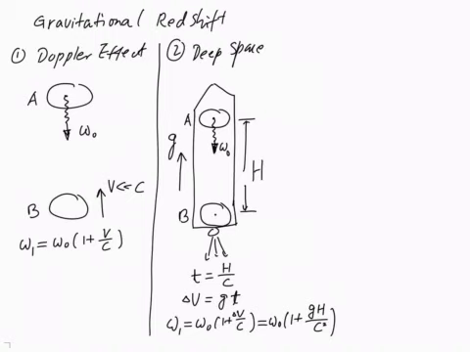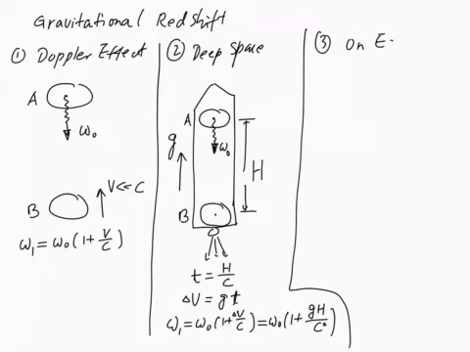Okay, now let's look at the third case. Let's look at the rocket on Earth, or in fact, it could be just a high building on Earth. It doesn't matter in this case. Assume this building is at rest on Earth.